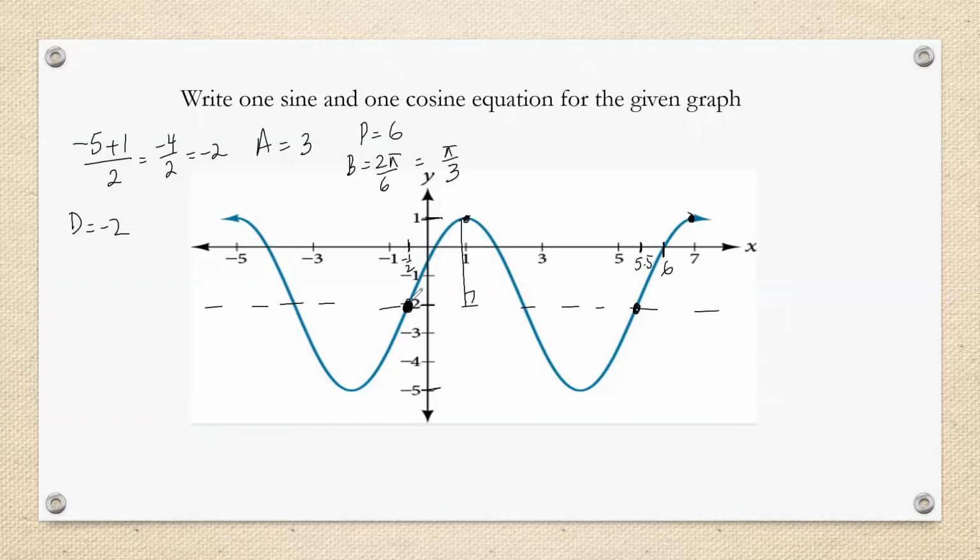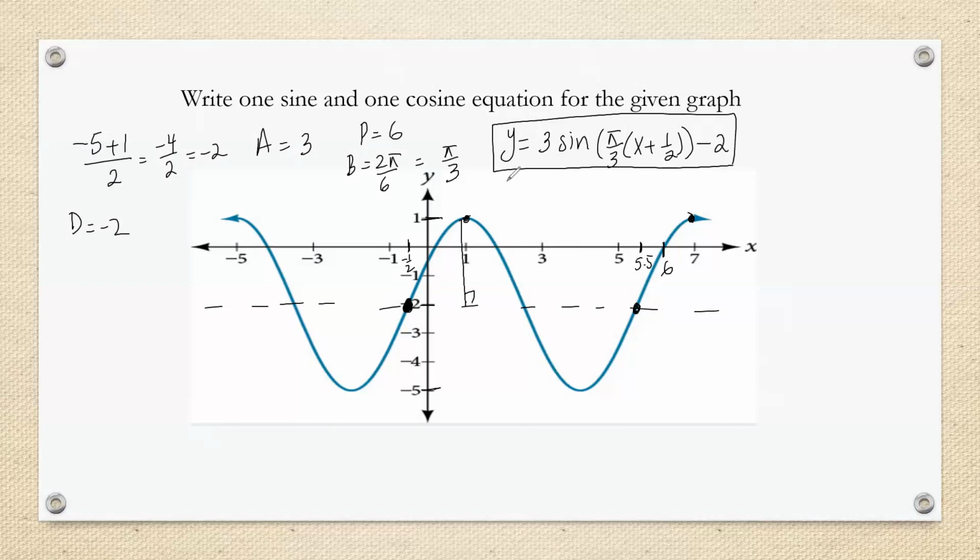If I'm writing my sine equation, I have to use a phase shift to the left. So y equals A, which is 3, sine of B, which is pi over 3, times x plus half, minus 2.